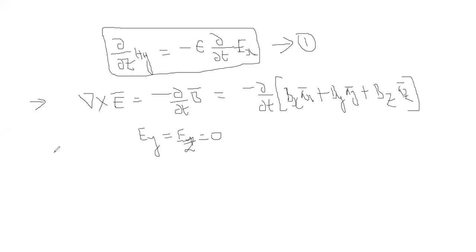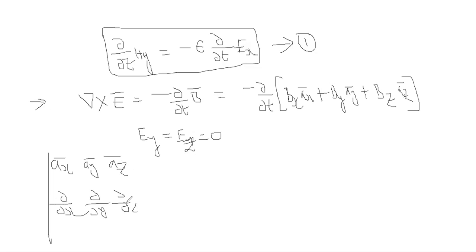So del cross E bar, again you can take the determinant. Del is Ax bar, Ay bar, and Az bar, dou by dou x, dou by dou y, dou by dou z, and Ex, Ey, and Ez.